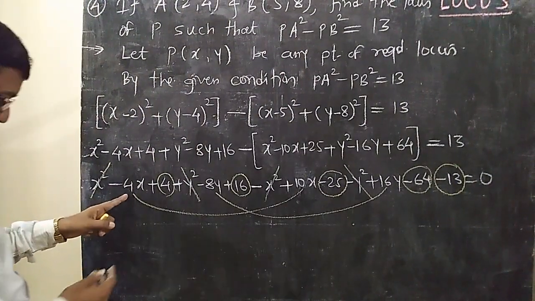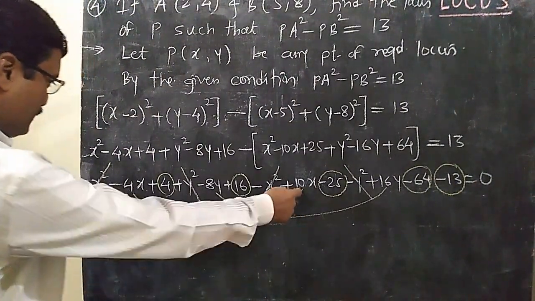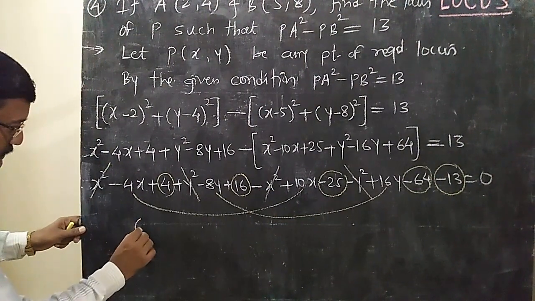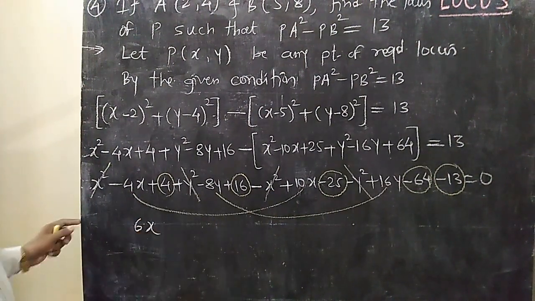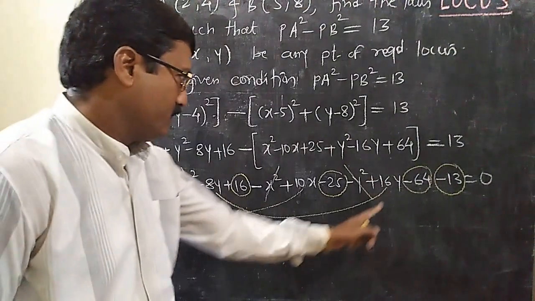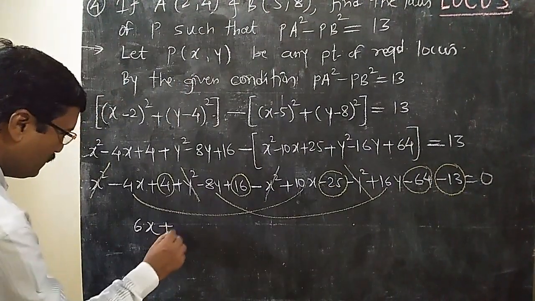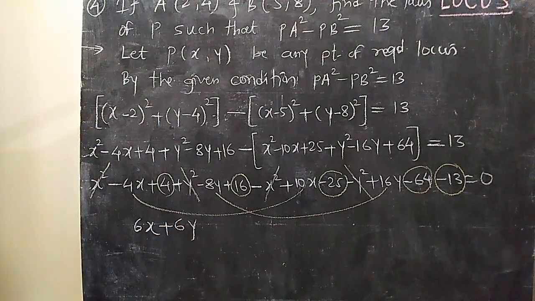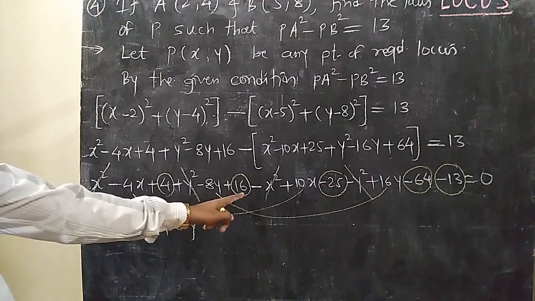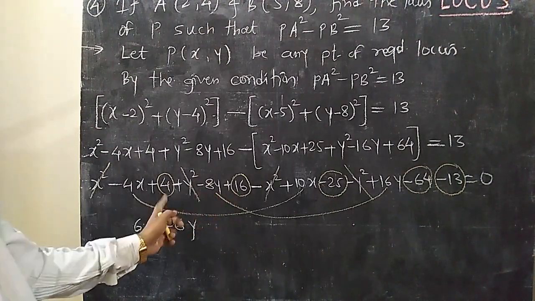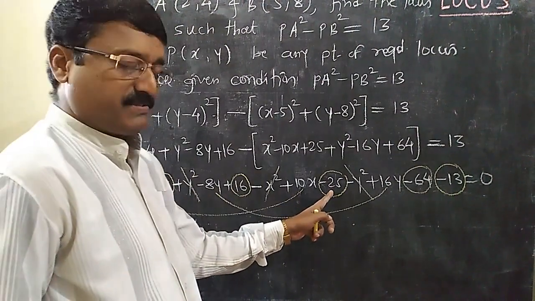So we get here minus 4x plus 10x, that is plus 6x, minus 8y plus 16y, that is plus 6y, plus 4 plus 16, that is 20. 20 minus 25 is minus 5.